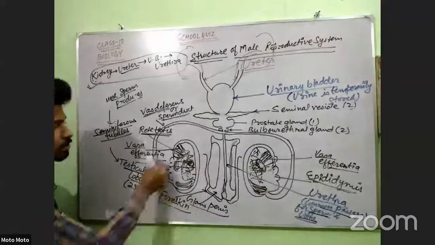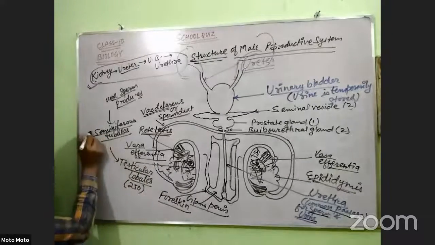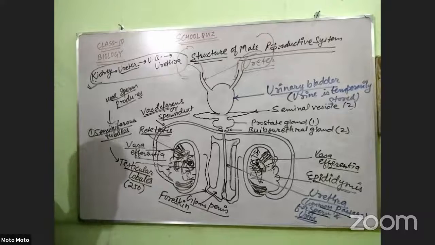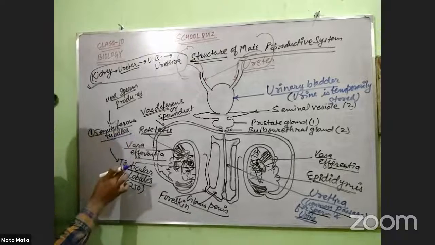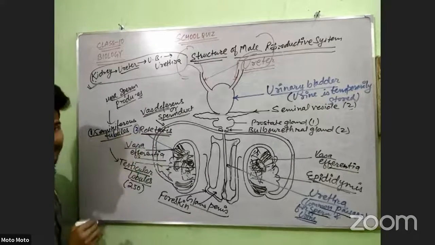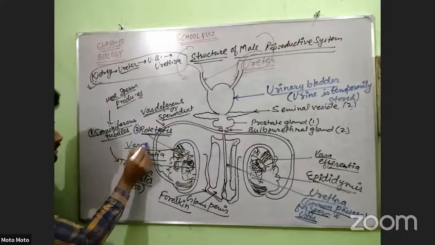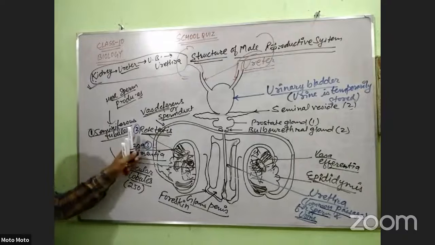And for sperm, I have talked that the first is the seminiferous tubule, or testicular lobule. It starts from the seminiferous tubule, then enters the rete testis, then the vasa efferentia. I am naming it as a numbering system.